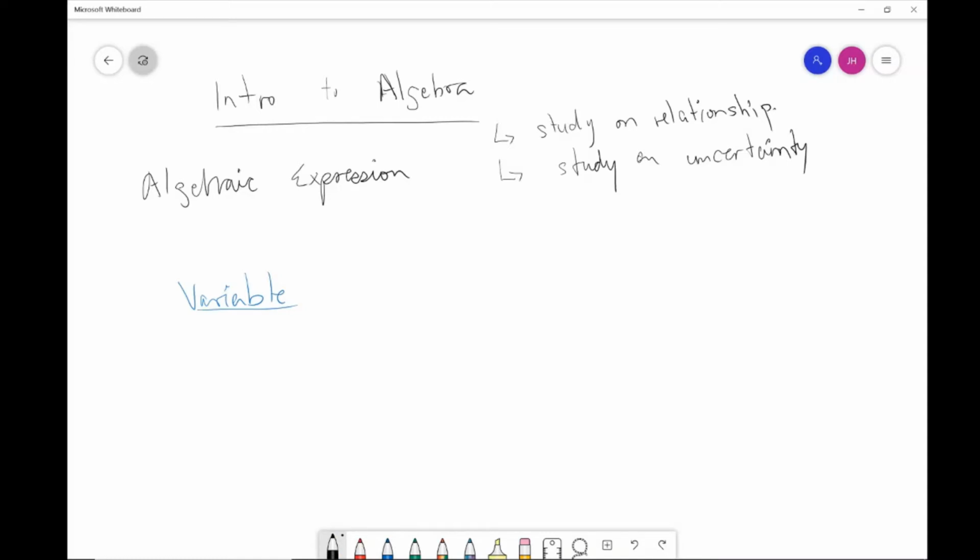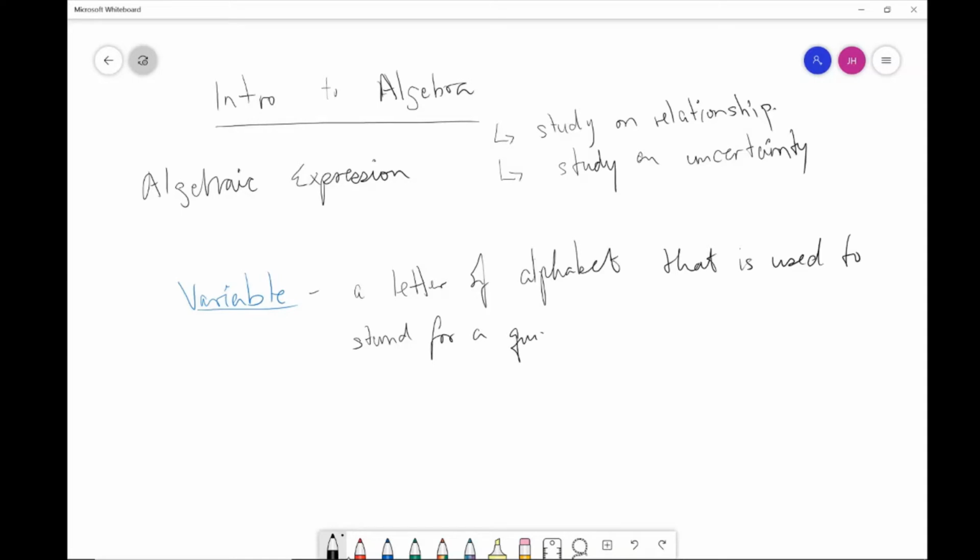Variable in mathematics, we refer to that as a letter of the alphabet that is used to stand for a quantity that is unknown or varies.